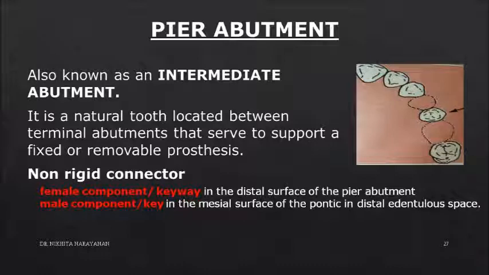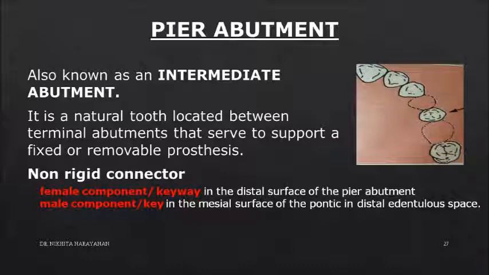So in cases of a pier abutment, we will have to give a non-rigid connector for your FPD. The non-rigid connector will have a male and a female component. The female component will be a keyway and the male component will be the key.